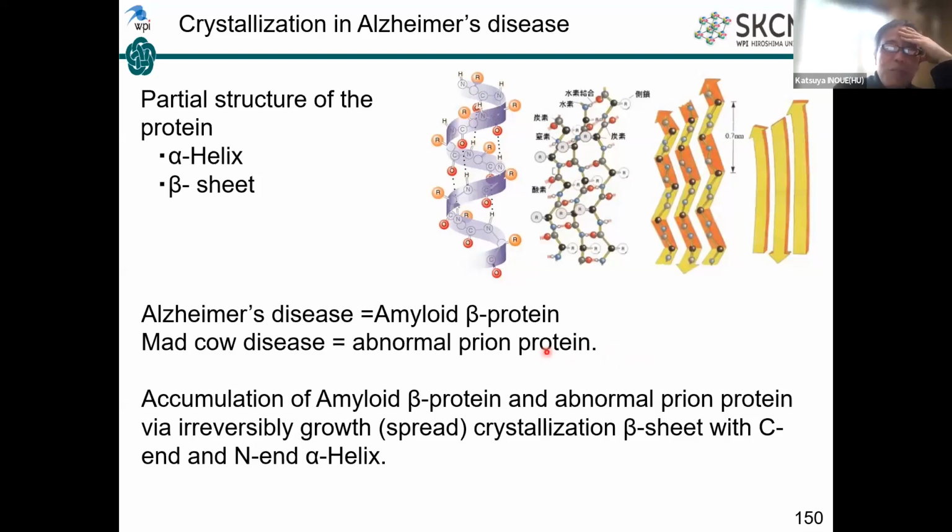The common structure of these proteins is similar: a right-handed alpha helix and a left-handed one, with the nitrogen end and the carbon end opposite.